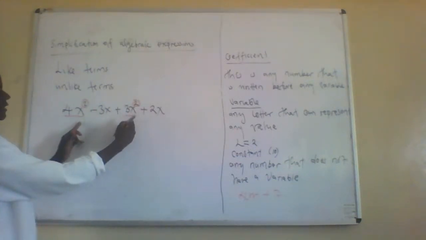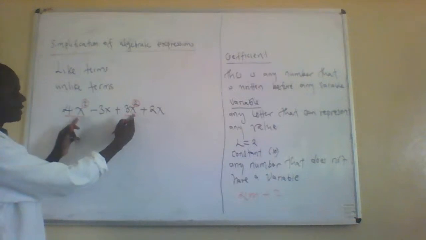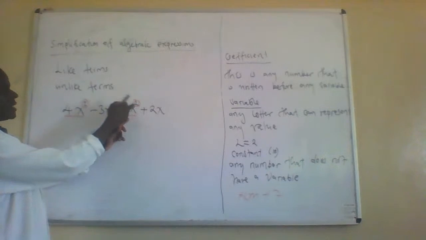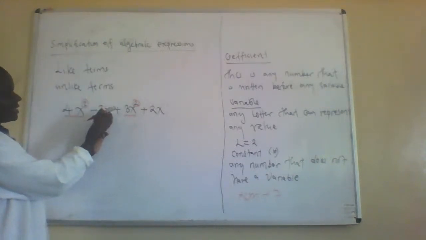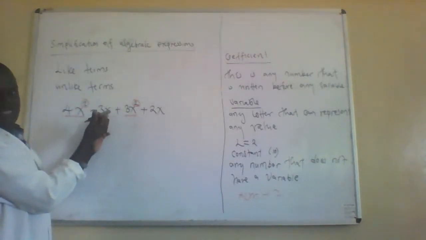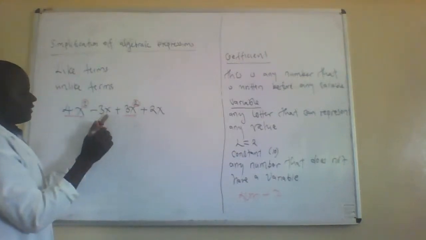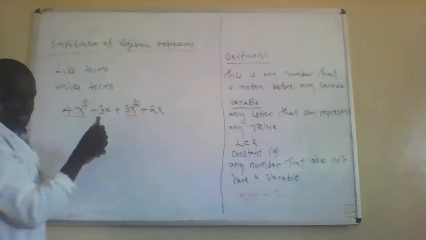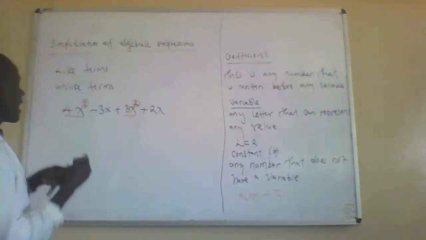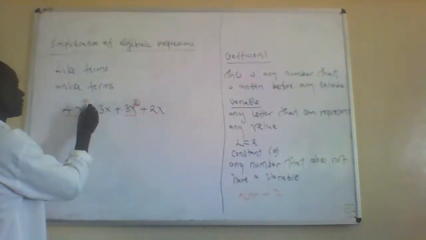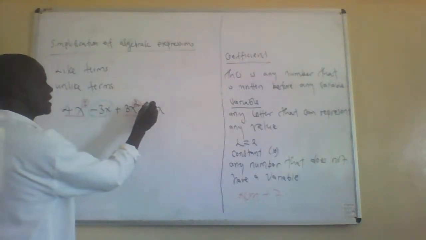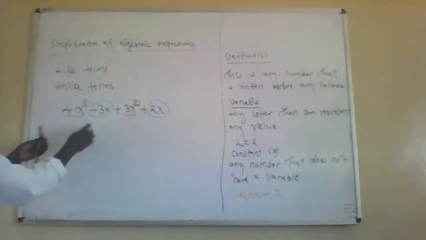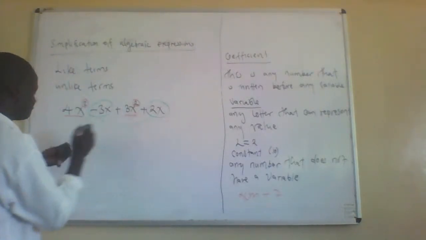So these guys have got the same variable, x, and the powers are the same. But look here, this 3x has got the power which is 1, an invisible 1 right over there. Even this 2x has got an invisible power of 1. So these guys also are like. So the negative 3x and the positive 2x also are like terms.